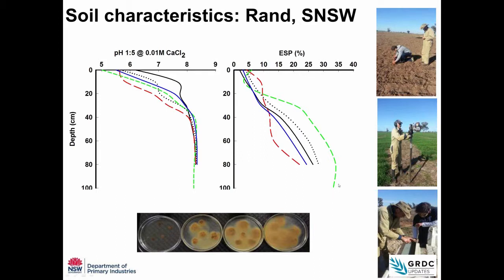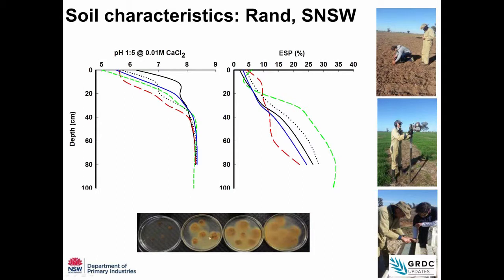So in the Australian context, if a soil has more than 6% sodium, it's considered to be a sodic soil, but really it's above 10% that you have issues with soil sodicity. As I say, dispersion is important, and the quick test for seeing if your soil is dispersive or not is called the Petri dish test.